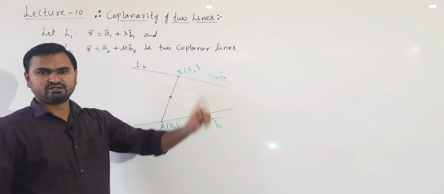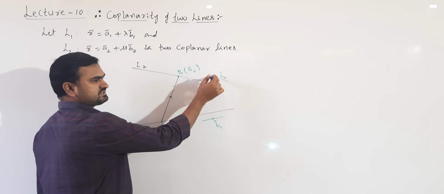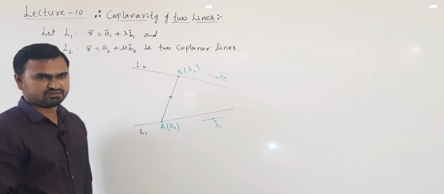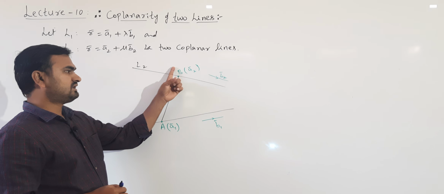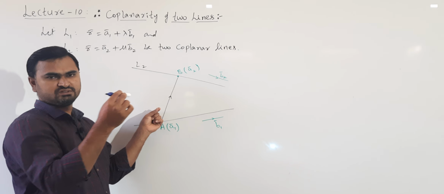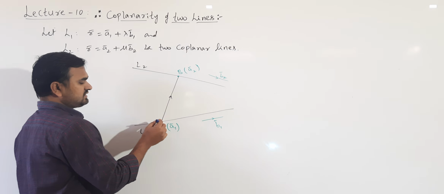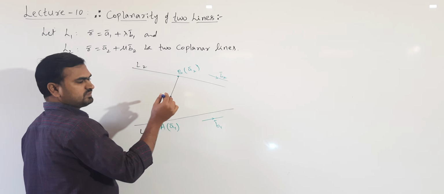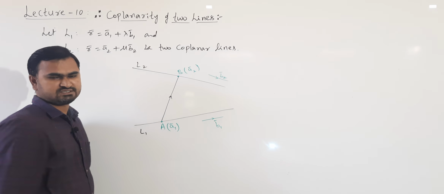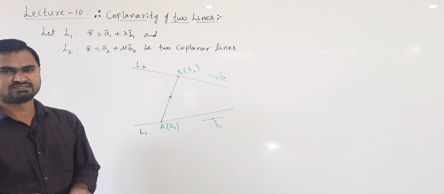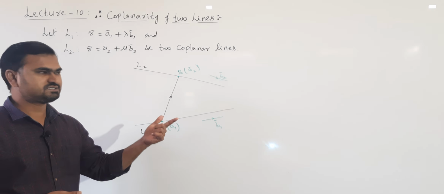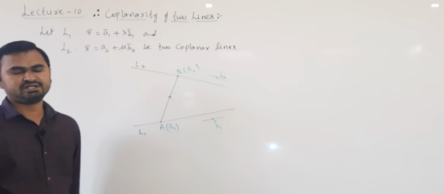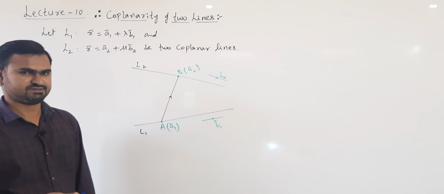Now as AB bar lies in the plane of the board and b1 cross b2 is perpendicular to the plane of the board, what will be the angle between AB bar and b1 cross b2? They are perpendicular. So AB bar is perpendicular to b1 cross b2. Two vectors are perpendicular means their dot product is 0. So using that condition we will derive the condition for coplanarity of two lines. Understand?